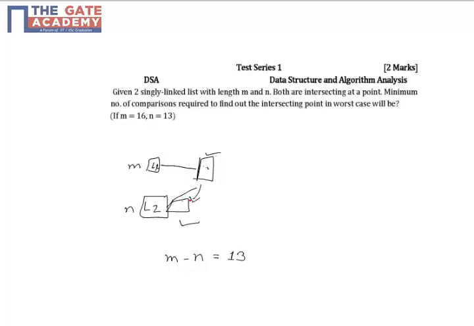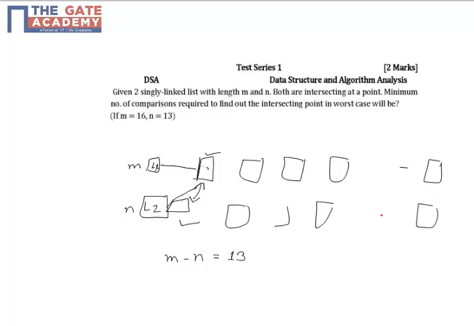If they are meeting or intersecting at this particular node, then this will be my answer. Otherwise I'll compare the second node in both, then the third node, fourth node, and up to the 13th node.